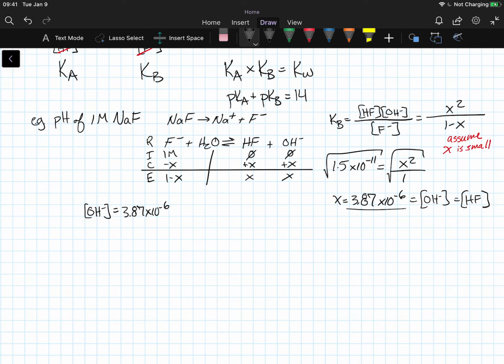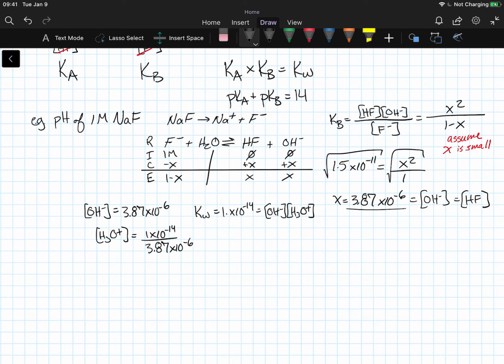I know that Kw, 1 times 10 to the negative 14th, is equal to the concentration of hydroxide times the concentration of H3O+. So to get the concentration of H3O+, is simply 1 times 10 to the negative 14th divided by our concentration of hydroxide, 3.87 times 10 to the negative 6.